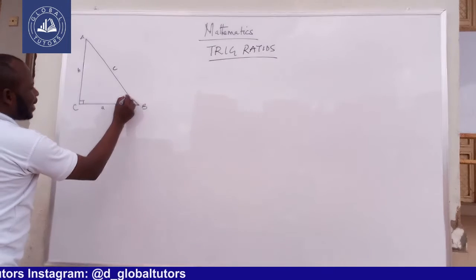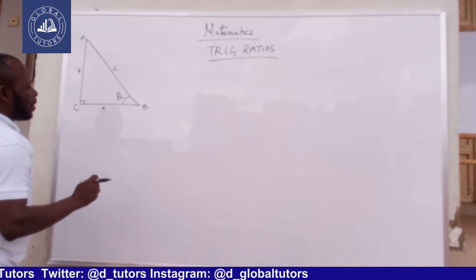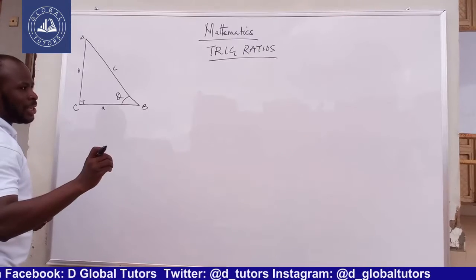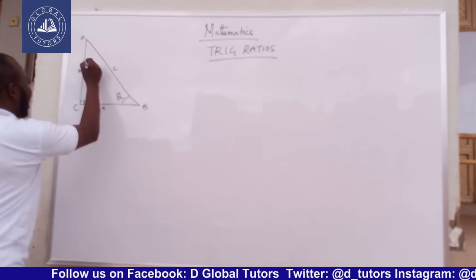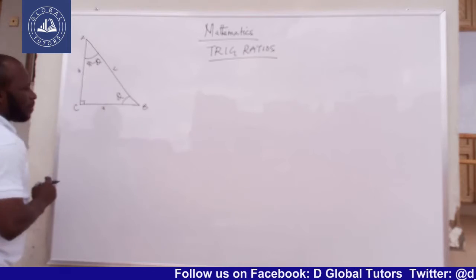Then I said, if we consider this angle B as theta, since the sum of angles in a triangle is 180 degrees, and this place is 90, this place is theta, then this place will be 90 minus theta.